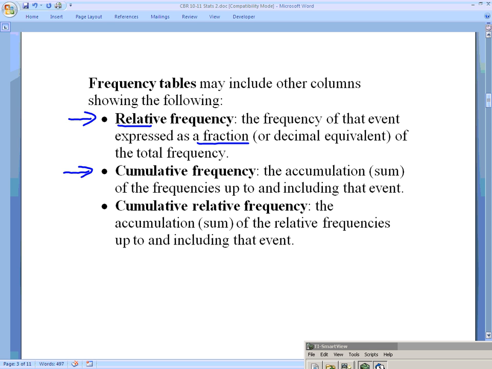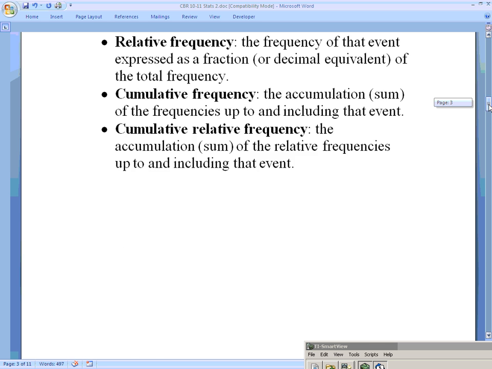So you just add them up and keep increasing as you go along. And then cumulative relative frequency puts those two previous ones together where you have a running total of your relative frequencies. So your total will always end up being one whole because you have all these fractions that have been totaled up. And we'll take a look at those in just a moment.